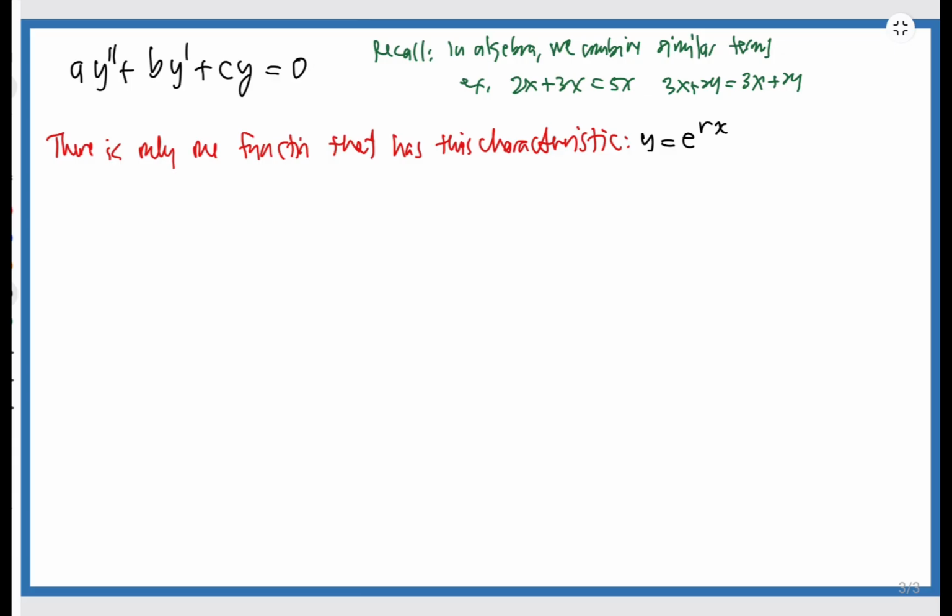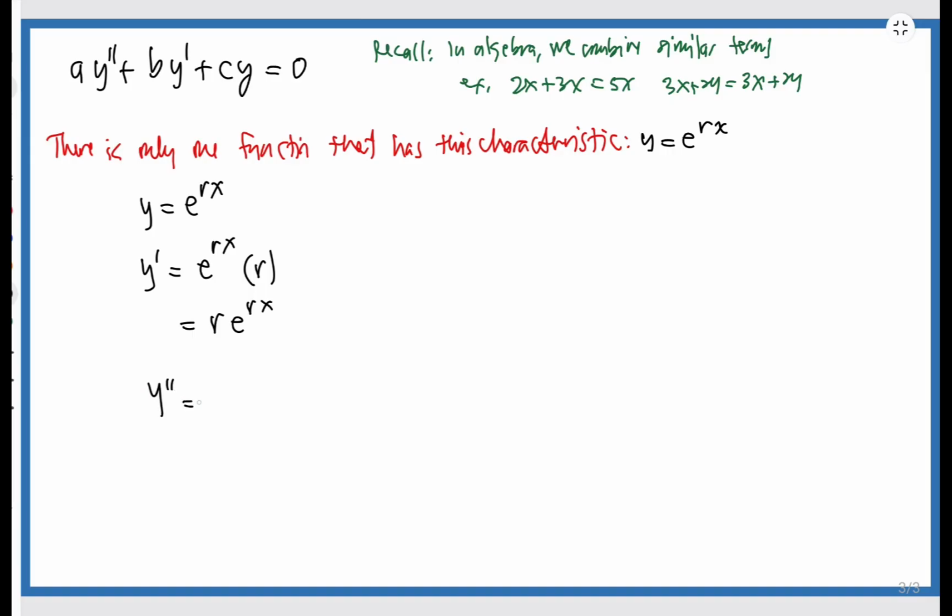So that we can check. If we have a function y equals e raised to rx, which can be multiplied to any constant r, its first derivative, what is y prime? It's just copy the function, but by chain rule, we multiply this by r. So y prime is r e to the rx.